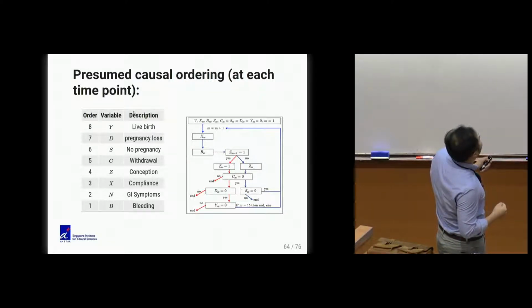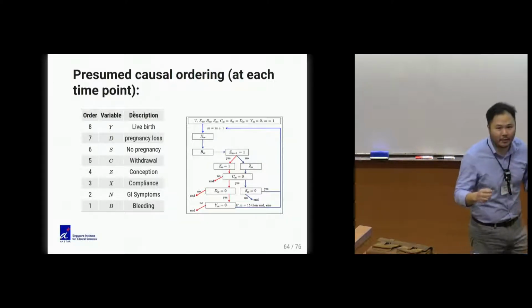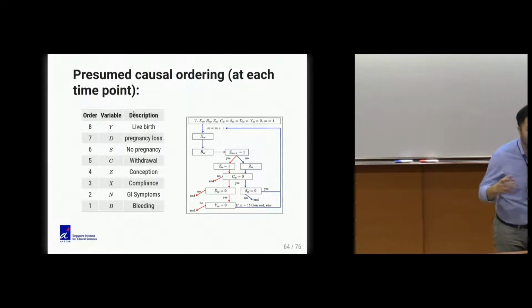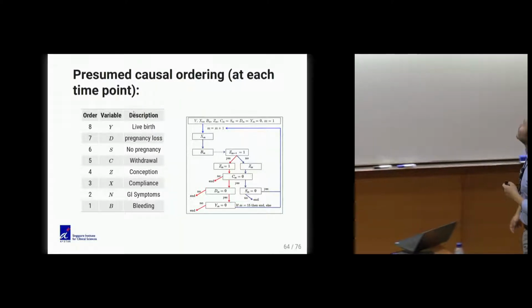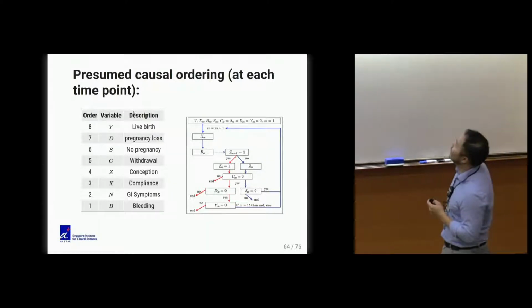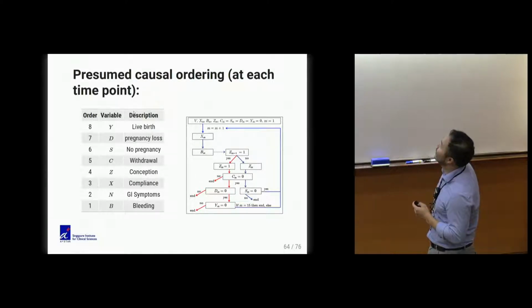And here's a flowchart basically for if we're running this simulation at each given time point, what is the order in which we would simulate these outcomes? So in general, we have baseline confounders plus the time-varying confounders, for example, the symptoms plus compliance of the previous time point.